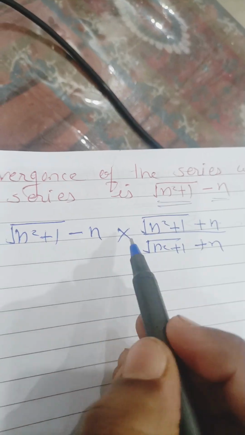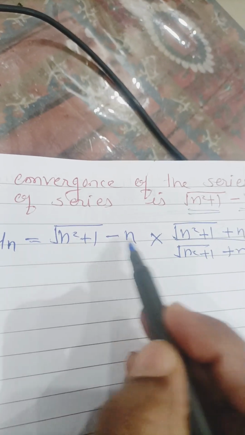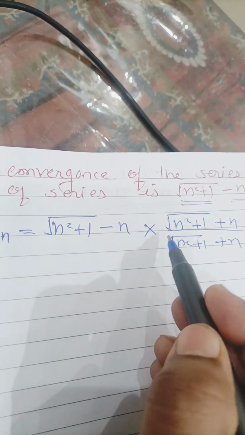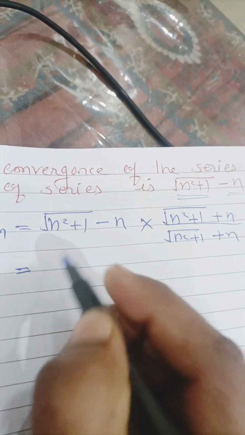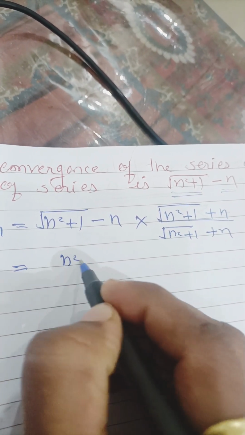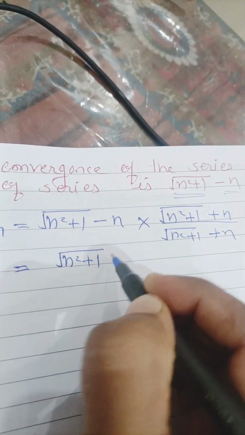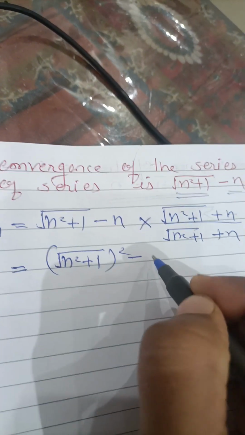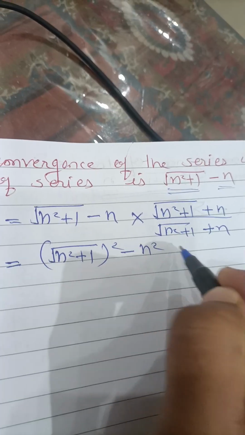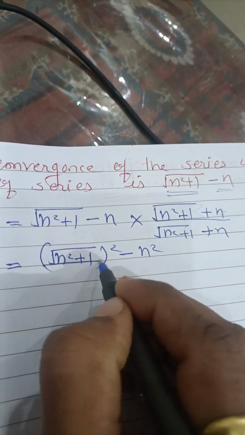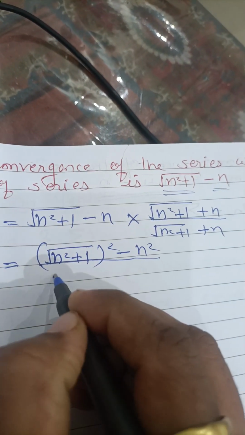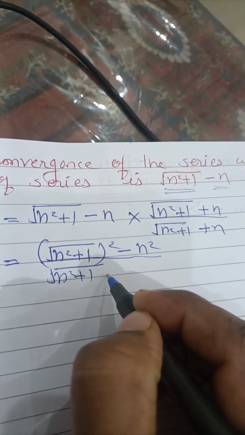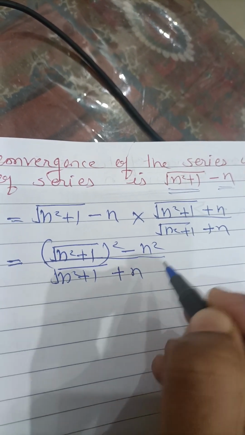So, in numerator, this is nothing but a minus b, a plus b. So, simply we can say a square minus b square, where a is root n square plus 1, minus n square, upon root n square plus 1 plus n.